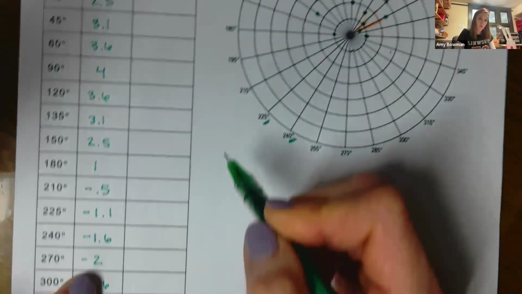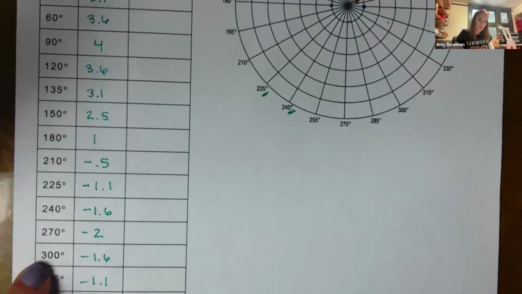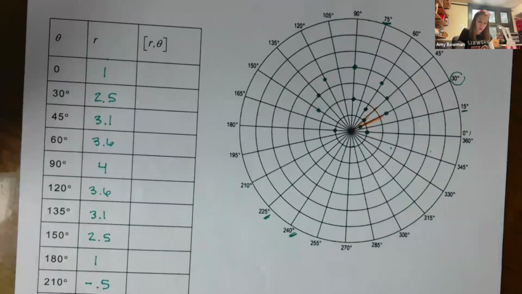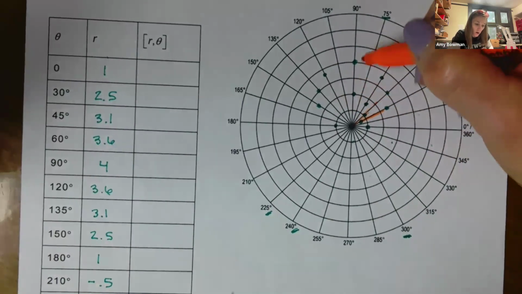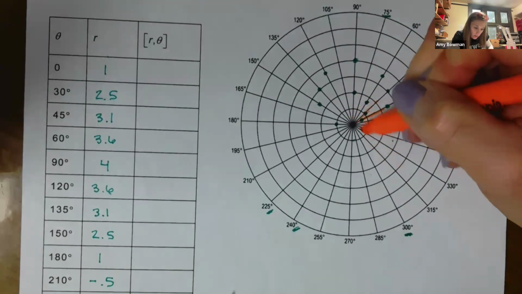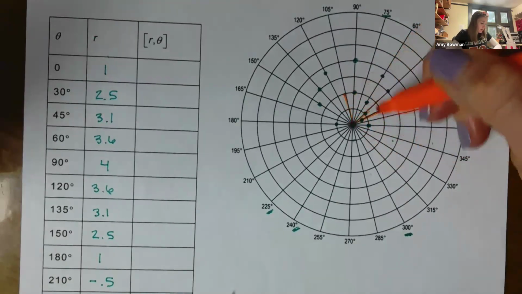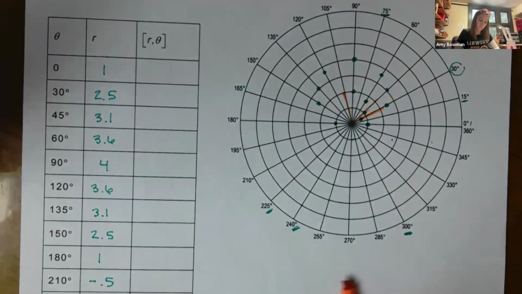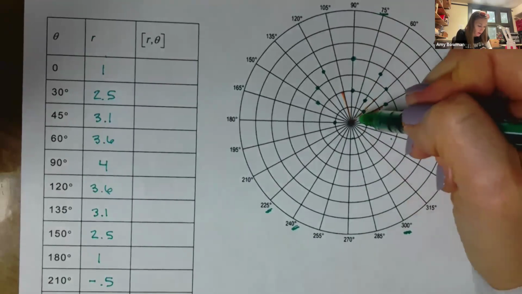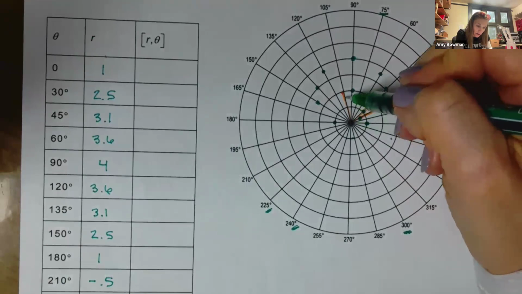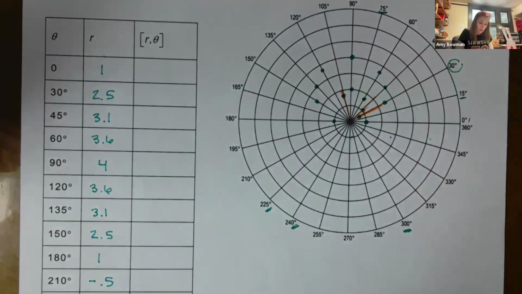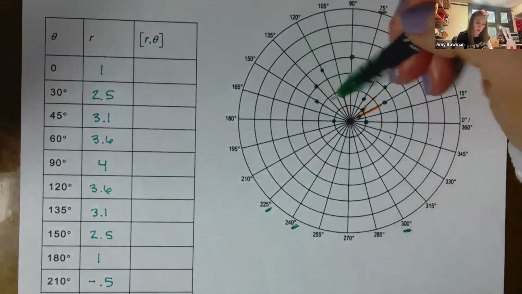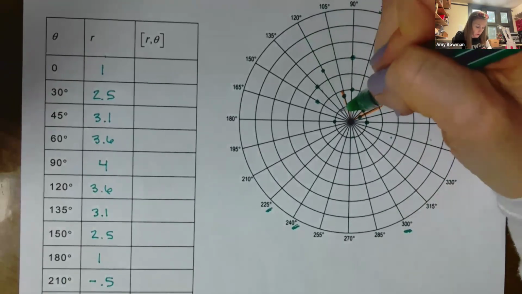Then we see these values repeating. At 300, we're at negative 1.6. 300 right here is the opposite direction of 120, so that's going to be out in this direction right here. 315 is the opposite of 135, so we're going back 1.1.